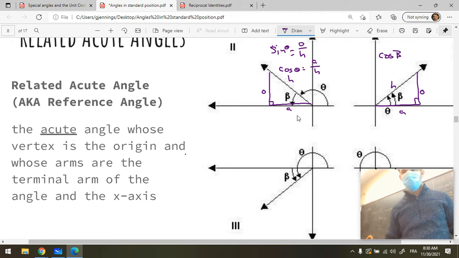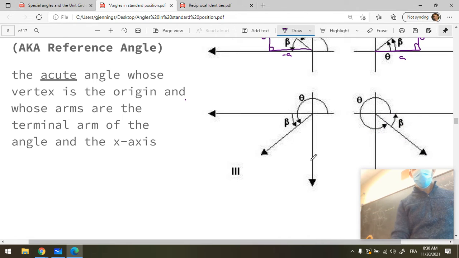So cosine beta would be equal to its adjacent over hypotenuse, but that would be equal to the negative cosine of theta, because here we have a negative a value. And then tangent, opposite over adjacent. We see that tangent would be the same as well, except it would be the negative version. So that's the value of seeing these related acute angles.